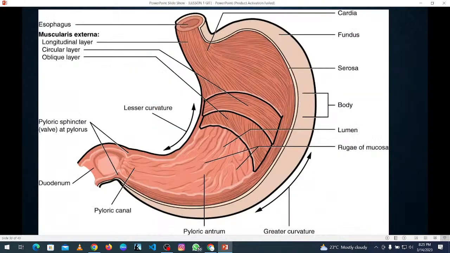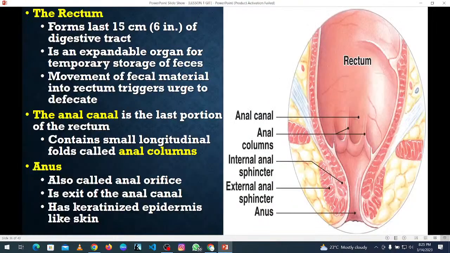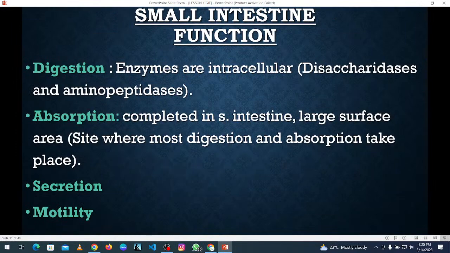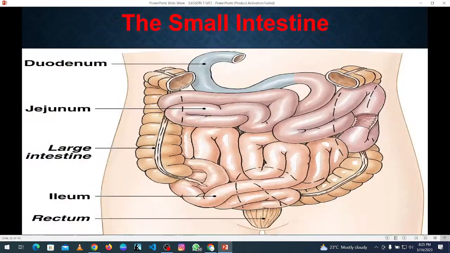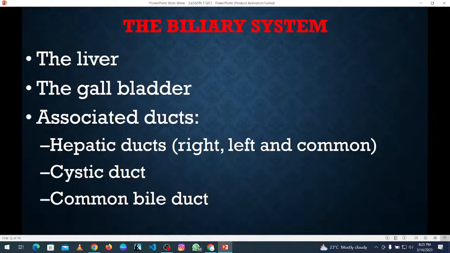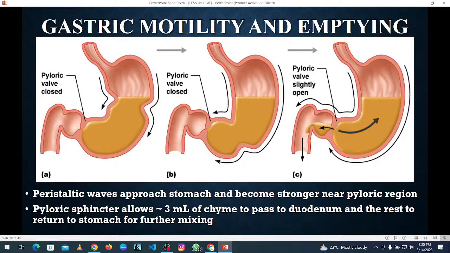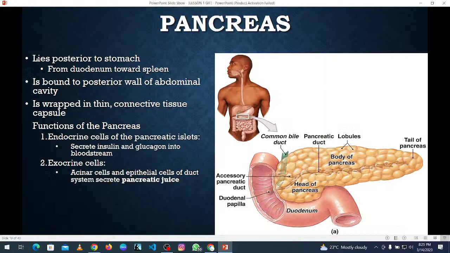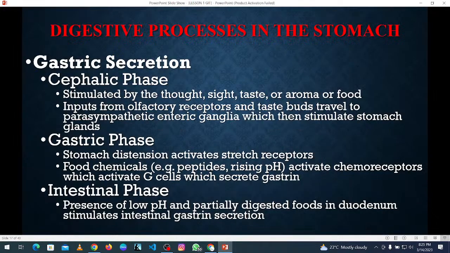So that's epithelium. The cells that produce juices to that area are called exocrine cells. So in the pancreas, we also have the endocrine cells and the exocrine cells.